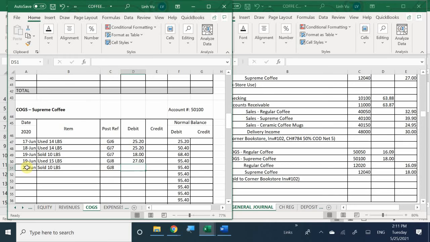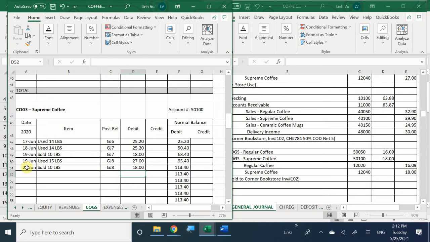GJ8. $18 for a running balance of 113.40. We're finished with that transaction and that page.